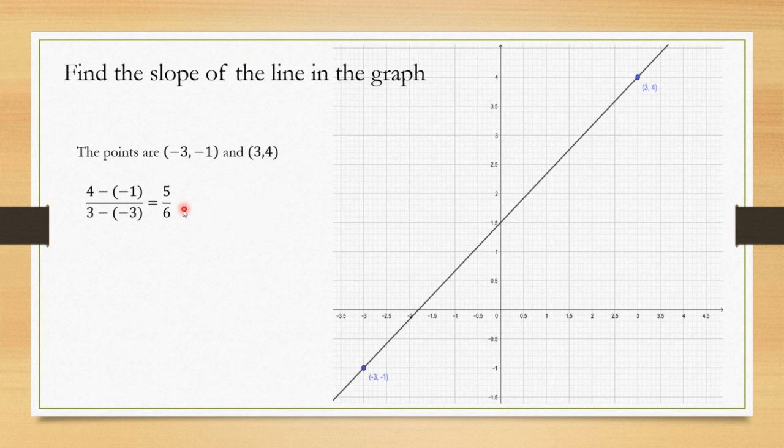So that's our slope here, and we do get a positive number. I was going to point this out in the next slide, but I'll wait till the next slide. Are there any questions about this one?